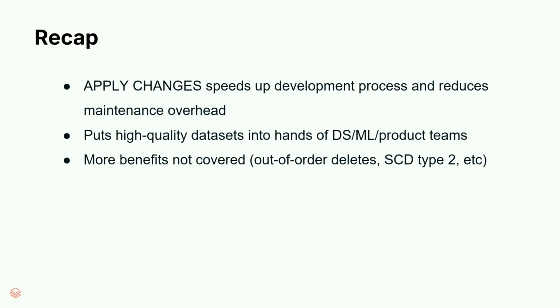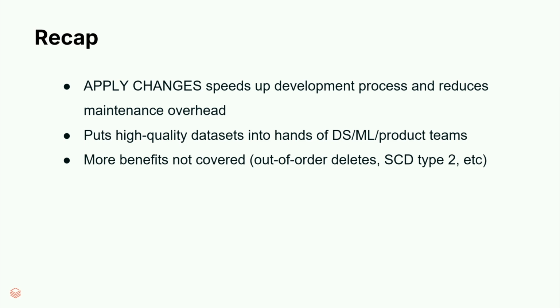So to recap, apply changes speeds up our development process and reduces maintenance overhead. We could see that was the case for two very different examples in the silver layer transactions and gold layer credit card pipelines. All of this is in service of us, my team, being able to put high quality data sets into the hands of data science, ML, and product team customers.